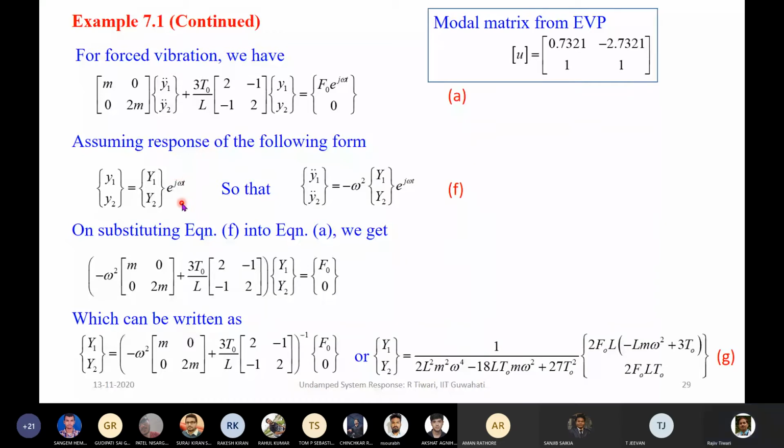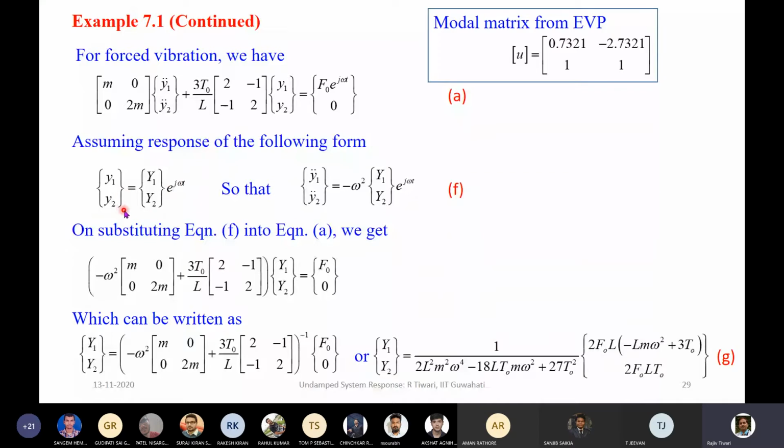So here what is happening, we have the forcing omega, and the response also will have the same frequency. Whatever force we apply to the dynamic system, the system will have the same frequency of excitation. The amplitudes of the two masses will be different, so that is represented by y1 and y2.